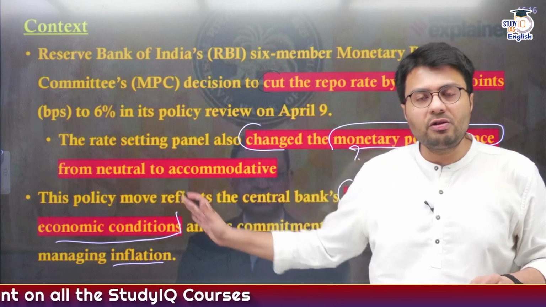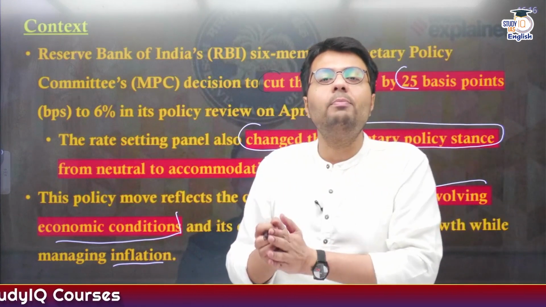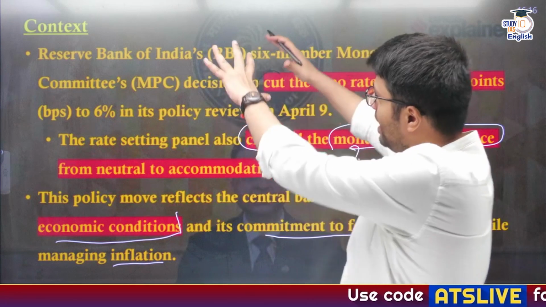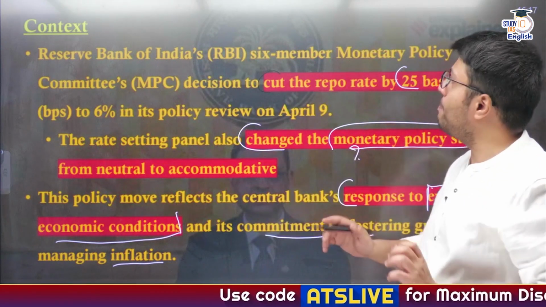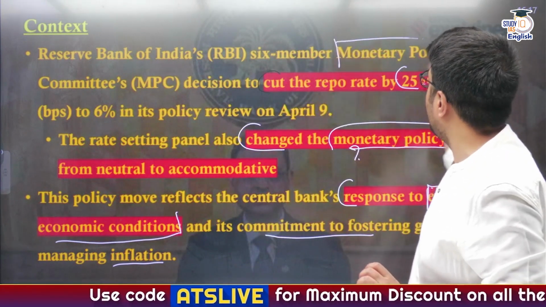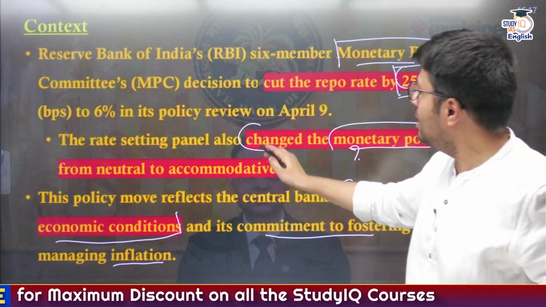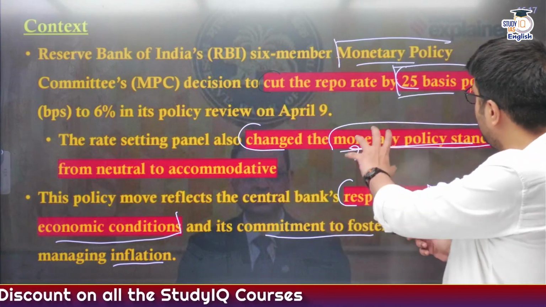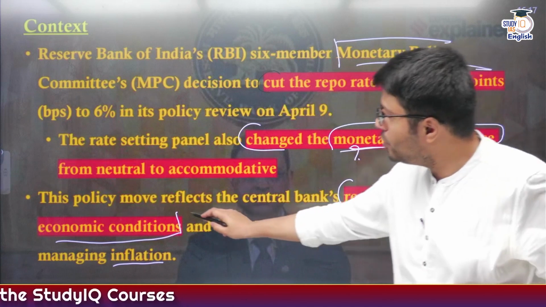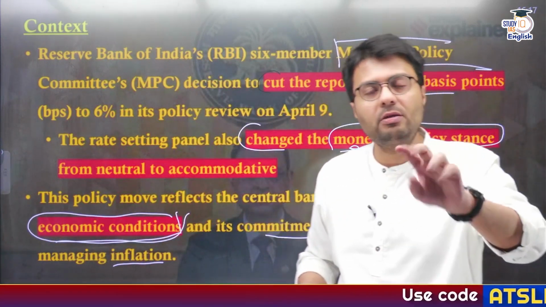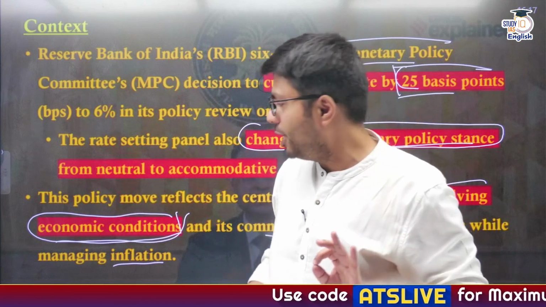So based on these circumstances, the RBI made its decision to reduce the policy rate. Now, from this context, many things become important: the Monetary Policy Committee, reduction in repo rate and its implication, the monetary policy stance, and the evolving economic conditions. So these four topics we'll try to understand in our today's video.